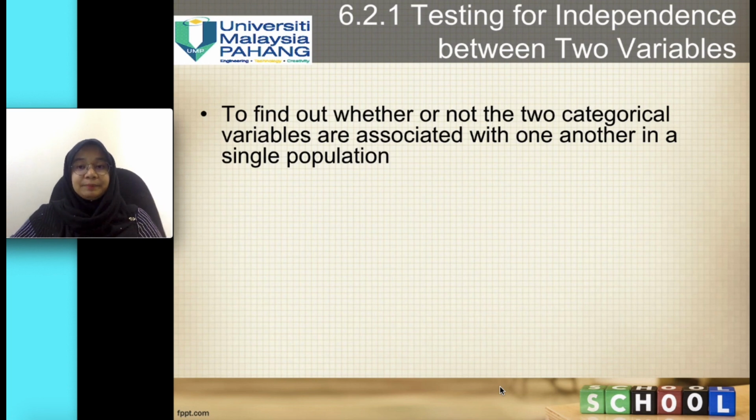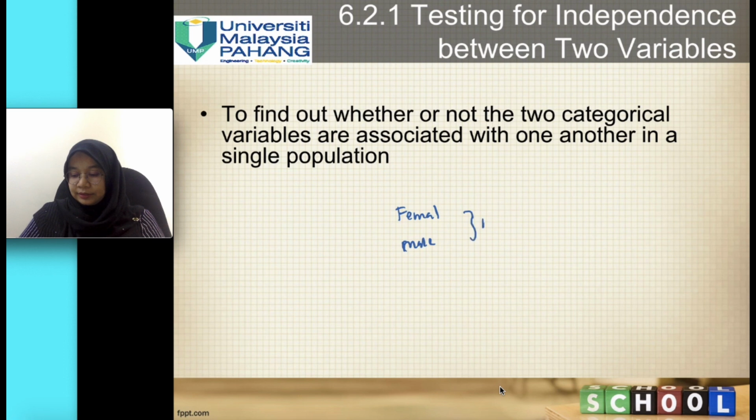Testing for independence between two variables, 6.2.1. Now we have come to the test. As mentioned earlier, the contingency table is used to test independence and homogeneity. So the first one, the test for independence, is to find out whether or not two categorical variables are associated with one another in a single population. For example, in a single population, a class, you want to know whether female and male are related to each other.